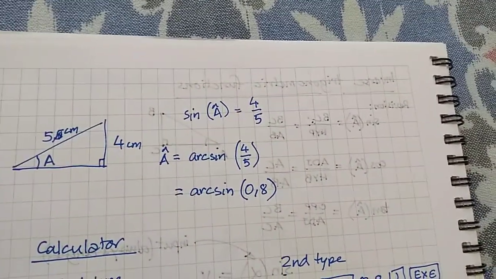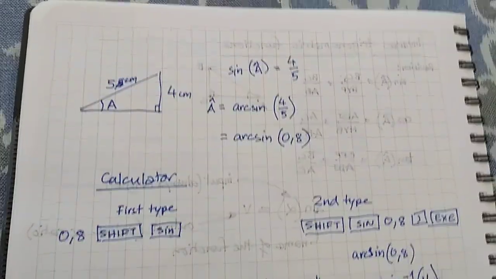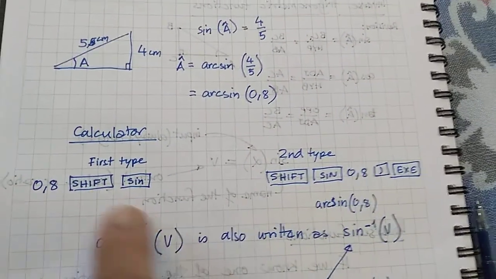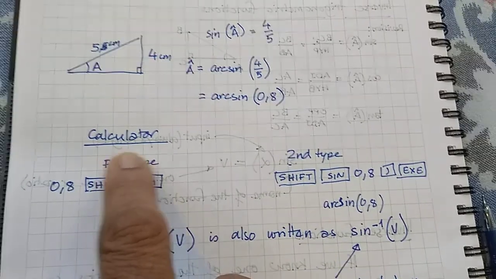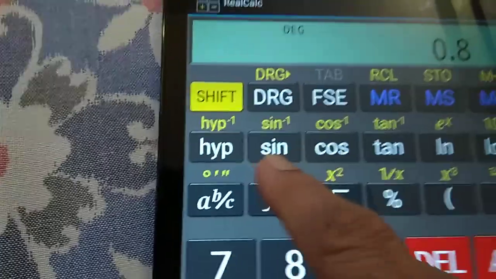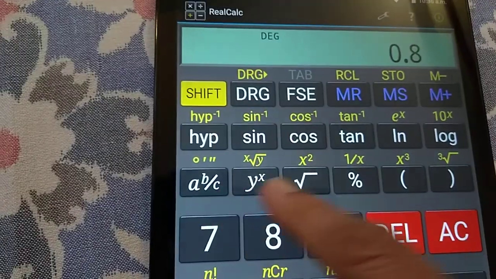How do we do that? We use the calculator. Now there are two types of calculators, the simpler type and the fancier type. In this simpler type, we put in 0.8. Remember, we want to find arcsine of 0.8, so which key is arcsine?